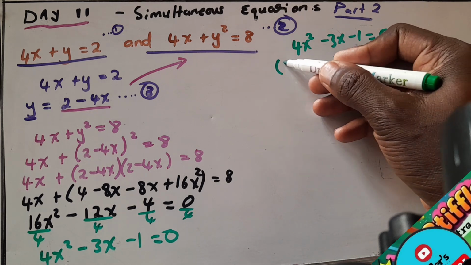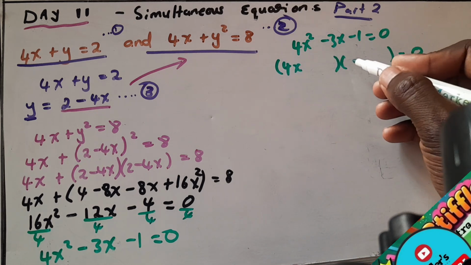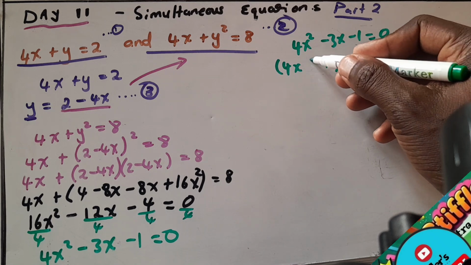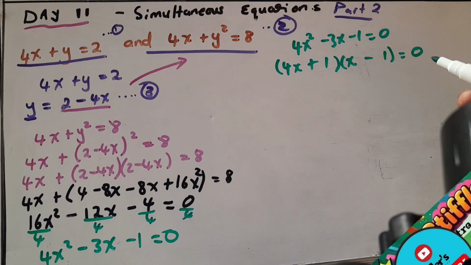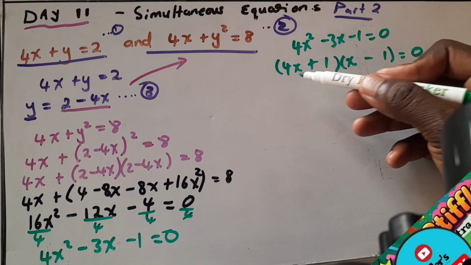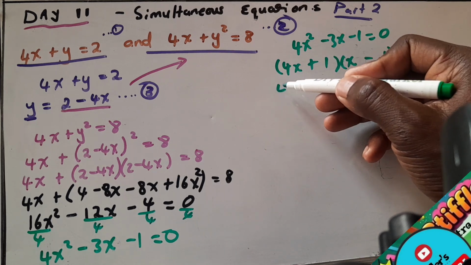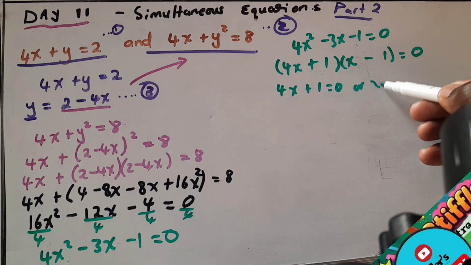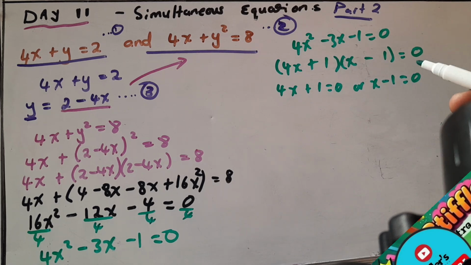So this will be (4x, x), (1, 1). This will be negative, this will be positive, right? Now we equate every bracket to 0. So 4x plus 1 is equal to 0, or x minus 1 is equal to 0.